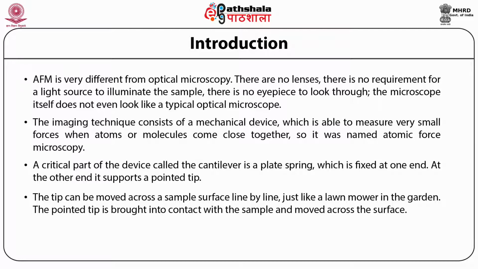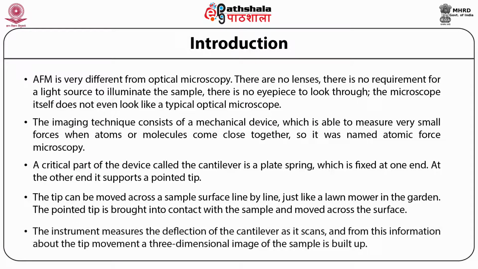The pointed tip is brought into contact with the sample and moved across the surface. The instrument measures the deflection of the cantilever as it scans, and from this information about the tip movement, a three-dimensional image of the sample is built up.